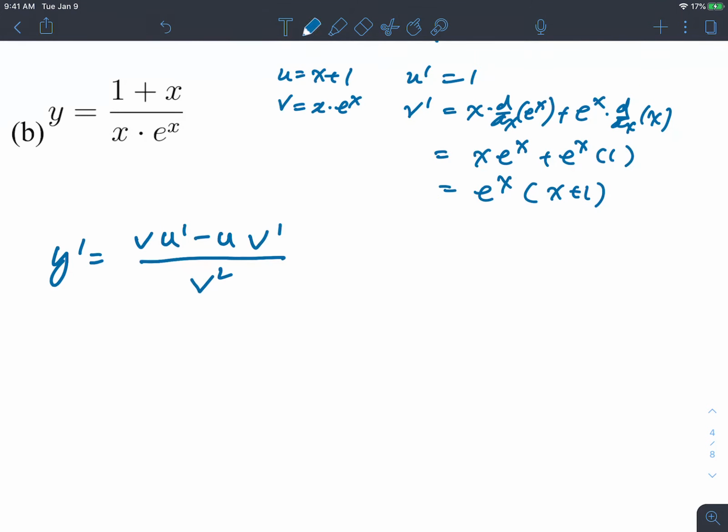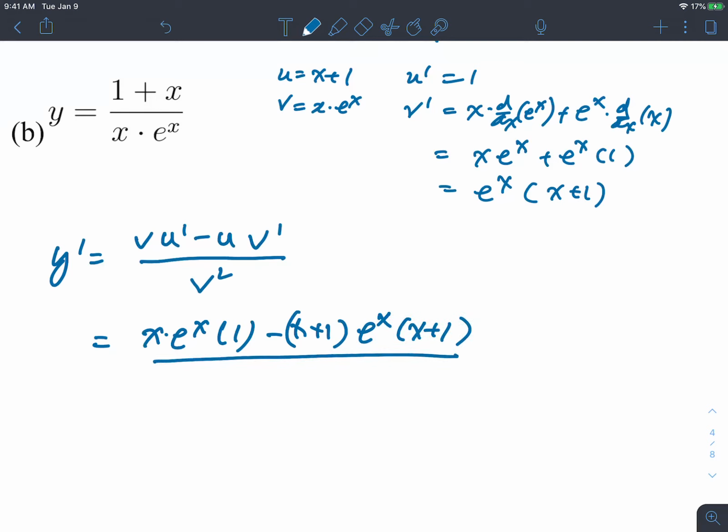So what do I have over here? v is x e to the x, u prime is 1, u is x plus 1, minus, v prime, divided by v squared.